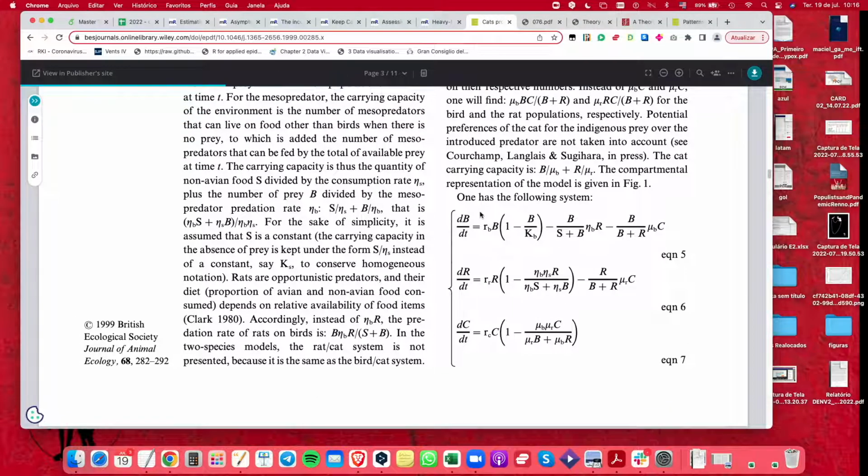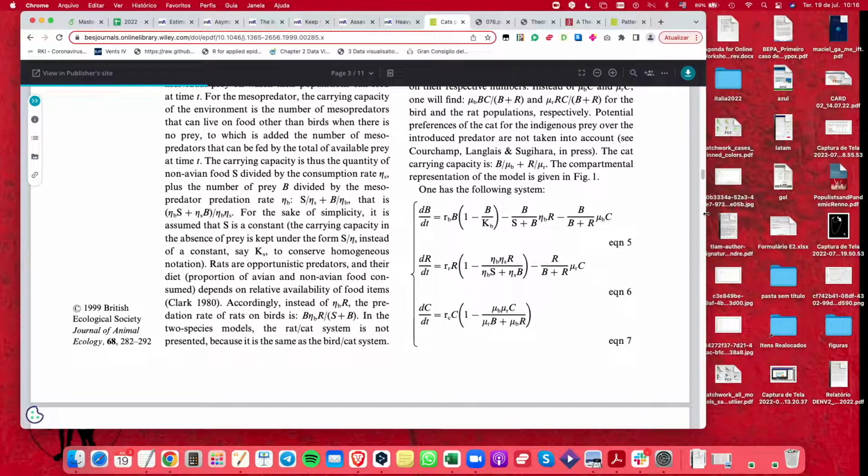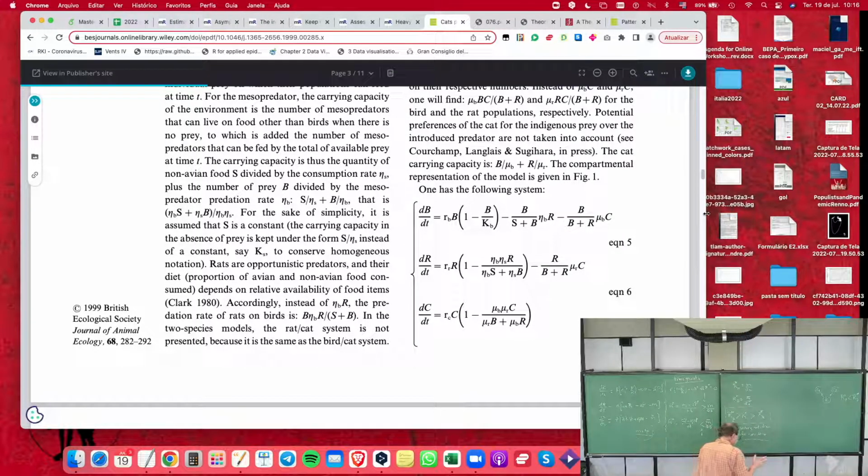There's also something which is interesting, which is this paper called Cats Protecting Birds. So this is inspired by the situation of islands, where you have some native birds, and if you introduce cats, feral cats, I mean Felis catus, then sometimes you get the complete elimination or a very strong effect on certain birds because they prey on the birds.